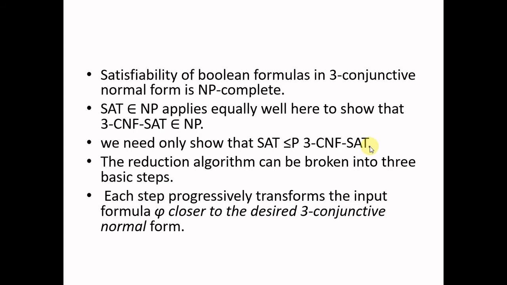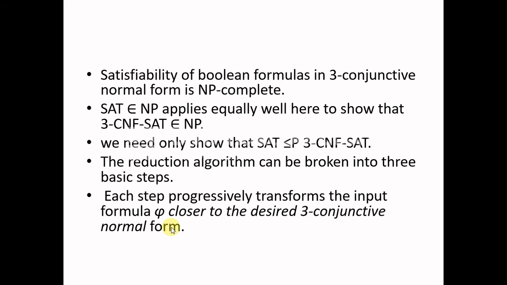So we are reducing from SAT, that is a Boolean formula, into a 3 CNF SAT, and that is done in polynomial time. This reduction algorithm can be broken into 3 basic steps. Each step progressively transforms the input formula phi closer to the desired 3 conjunctive normal form.